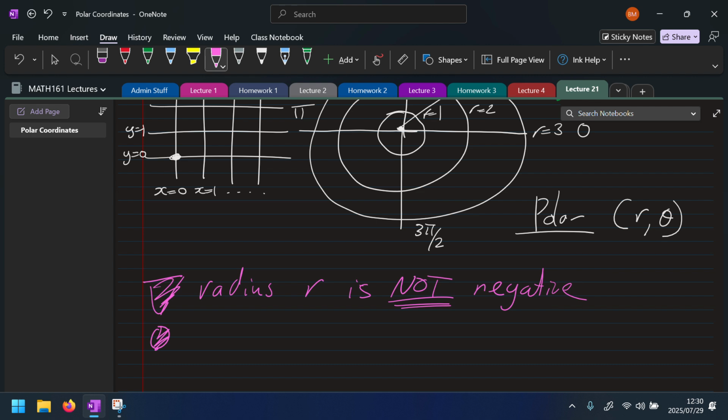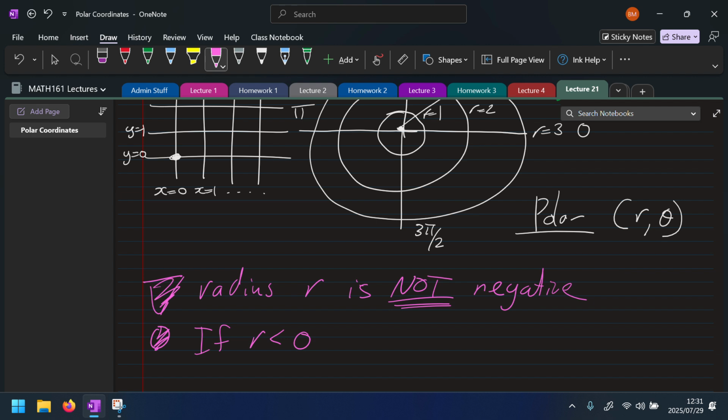Now, if you have a point with a negative radius, what that means is you take the positive of that radius and you add pi to the angle. That's just the rule that we use. So if r is less than 0 for whatever reason, whatever problem you come across, what you need to do is take the positive of that.